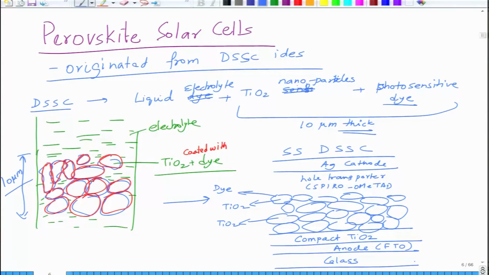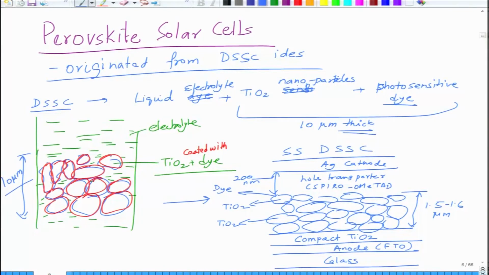So this was the solid state device, where the hole transporting material was used instead of a liquid electrolyte, and this was about 200 nanometer, and this was nearly 1.5 to 1.6 nanometer. So the whole device thickness was much lower and it was solid state in nature.